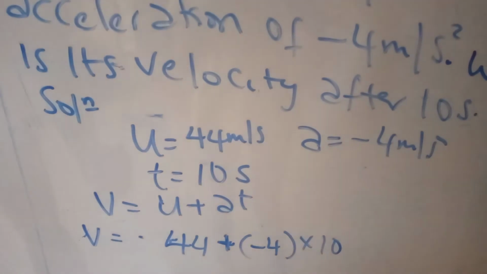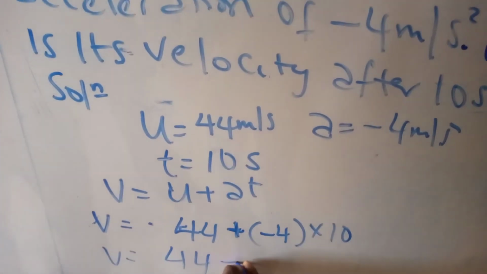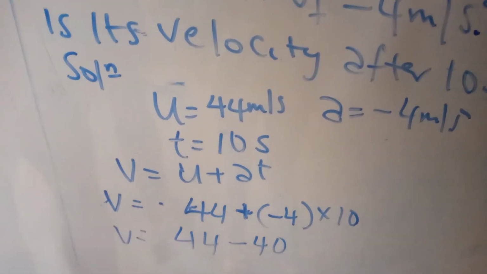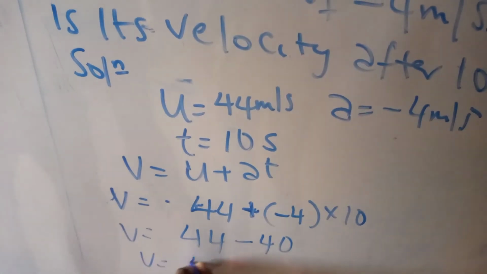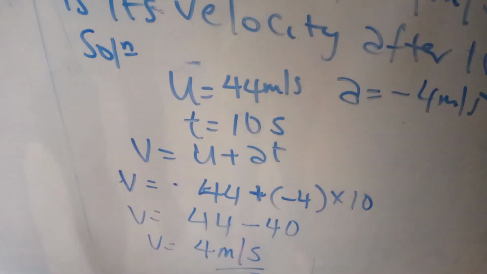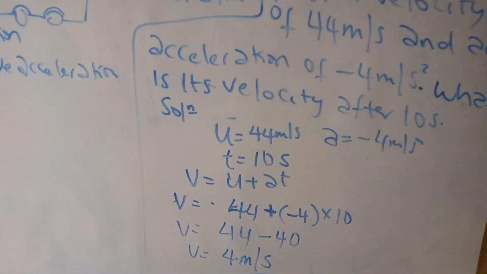So velocity becomes 44 plus minus 4 times 10, which is 40. So 44 minus 40 gives you 4 meters per second.